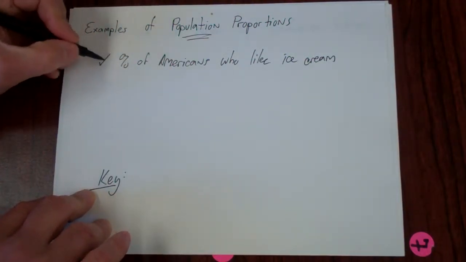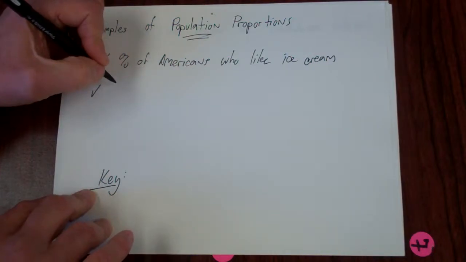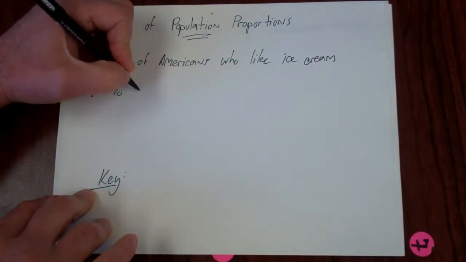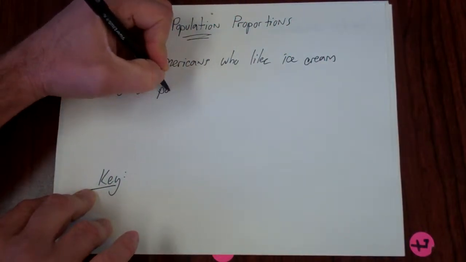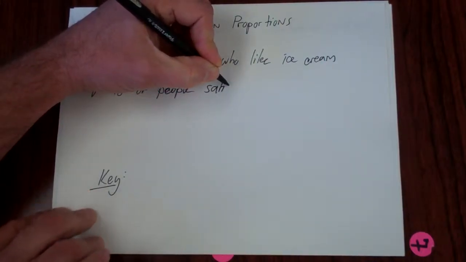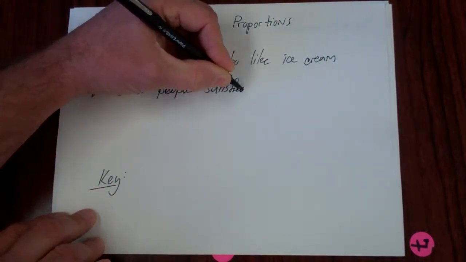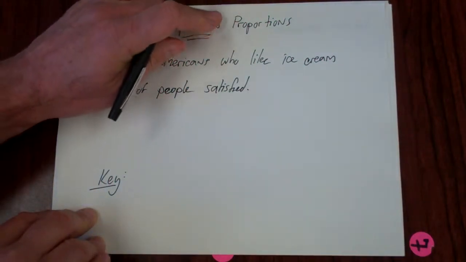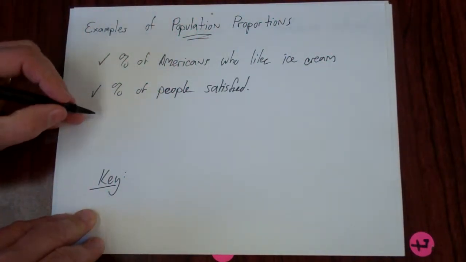Or let's say you ask people whether they're happy with their bank, then it would be the percent of people satisfied with their service in their bank. What we're going to do is try to estimate the population proportion from a sample.